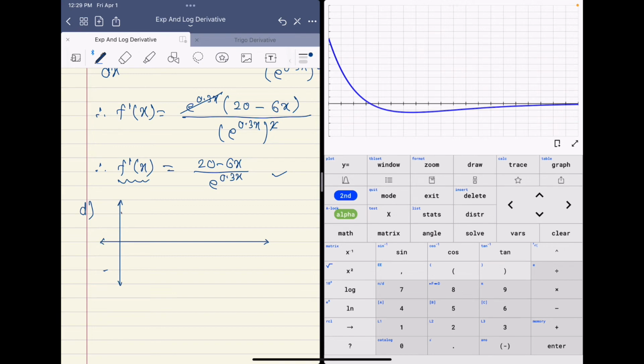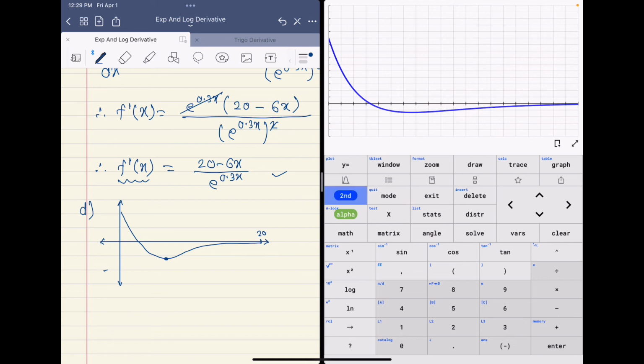As my graph is going like this, the graph is increasing from this point to the end point, which is 20. So we need to find out this graph's minimum point.